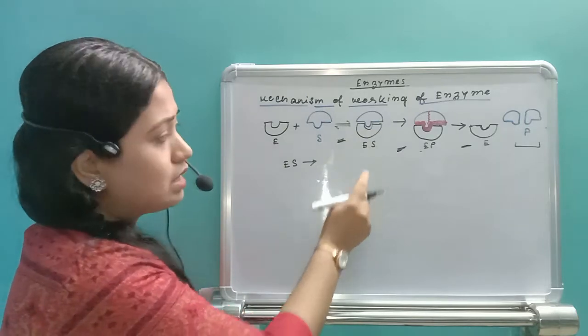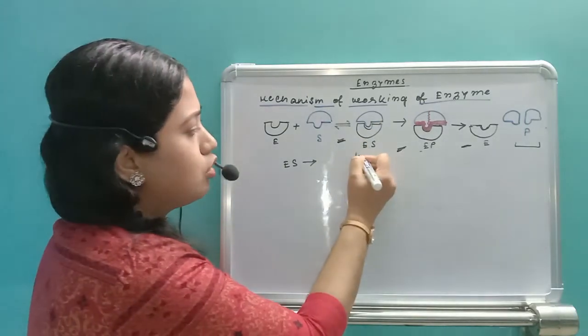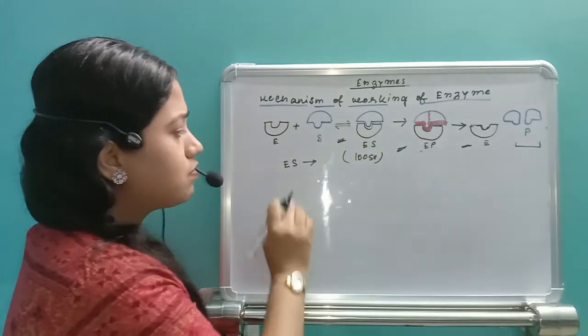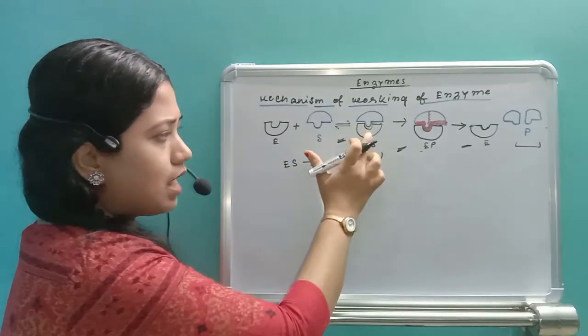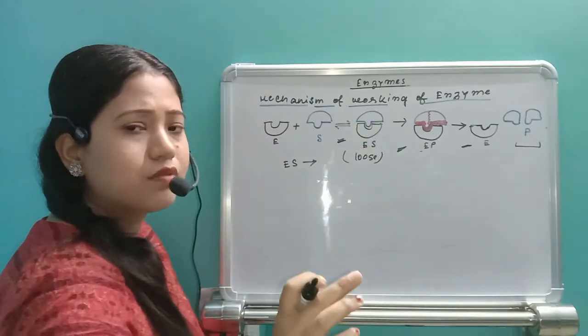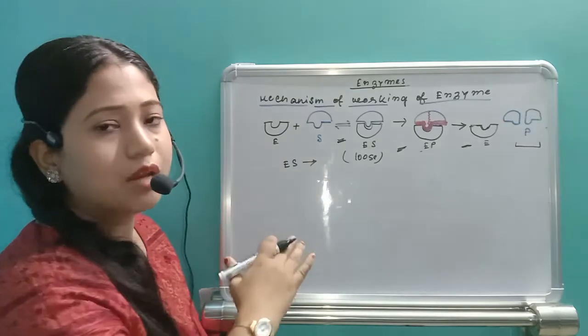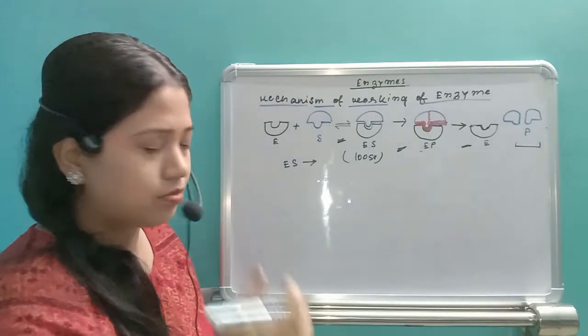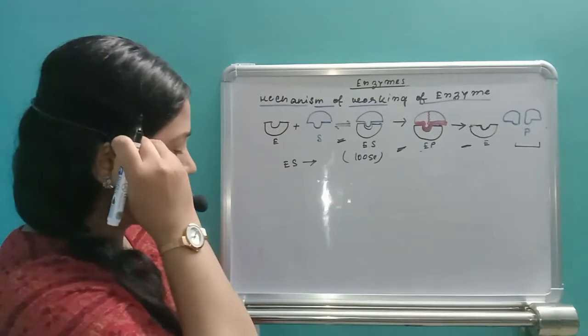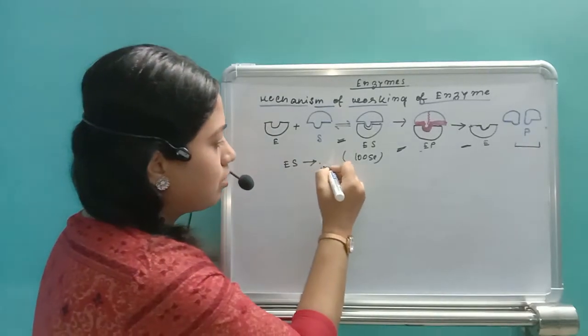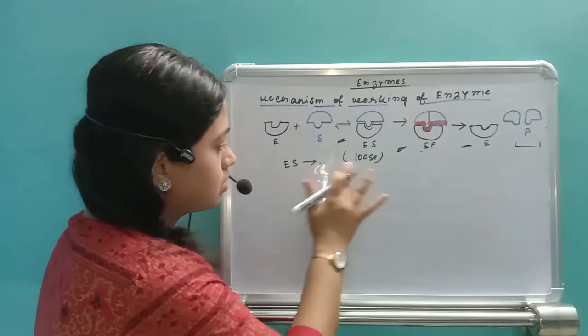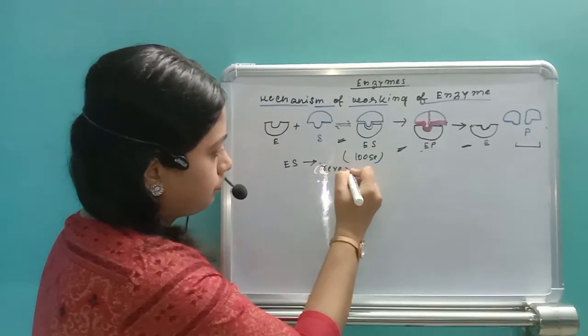What I have told you is that it is loosely attached. This is the loose attachment. So after the ES complex has been formed, maybe it's possible the substrate can once again be removed. Then yes, this state is reversible.